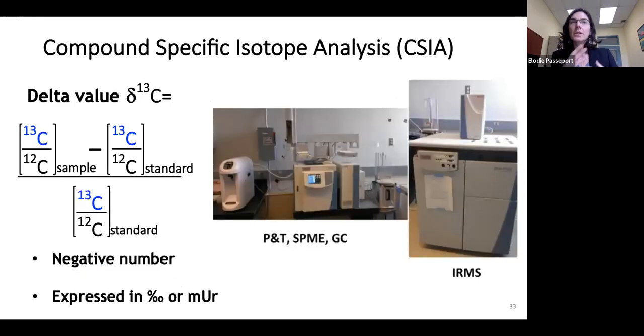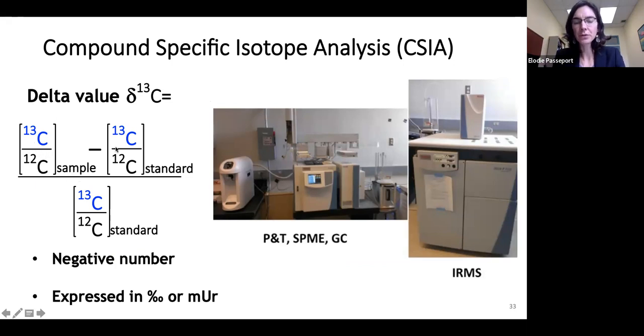Okay, so the same way as when we want to know how much stuff is in a sample, we determine a concentration, in CSIA we determine what we call a delta value, or isotopic signature, shown here as an example for carbon. This corresponds to the ratio between carbon-13 and carbon-12, or a heavy versus a light stable isotope, in a given sample for a given molecule.